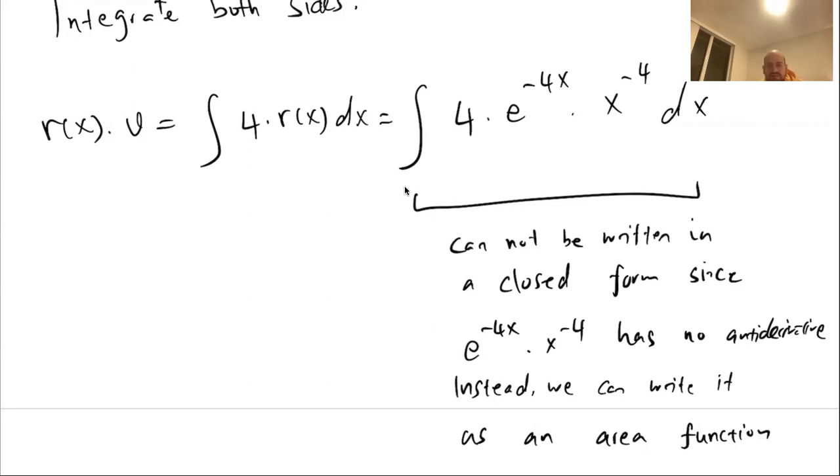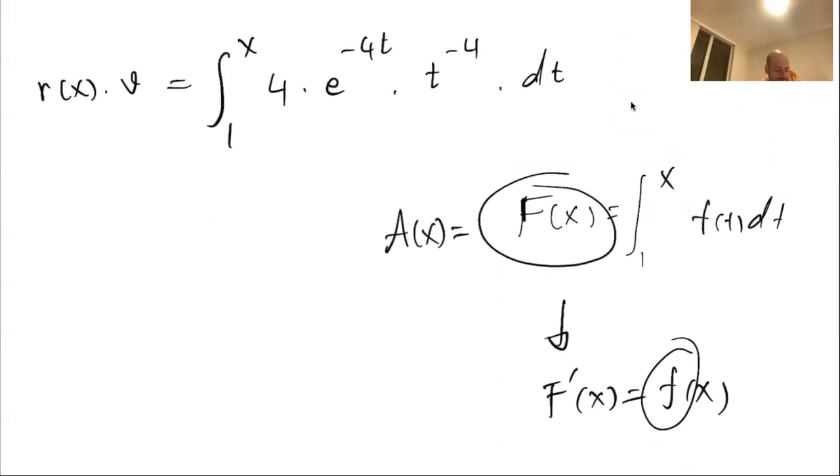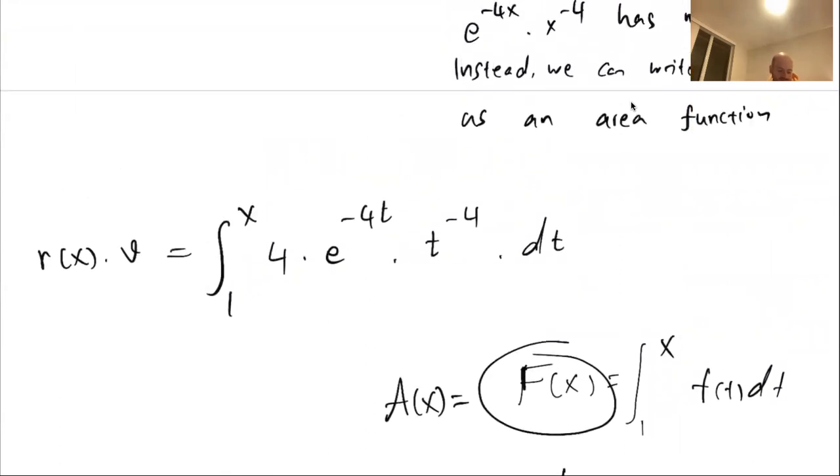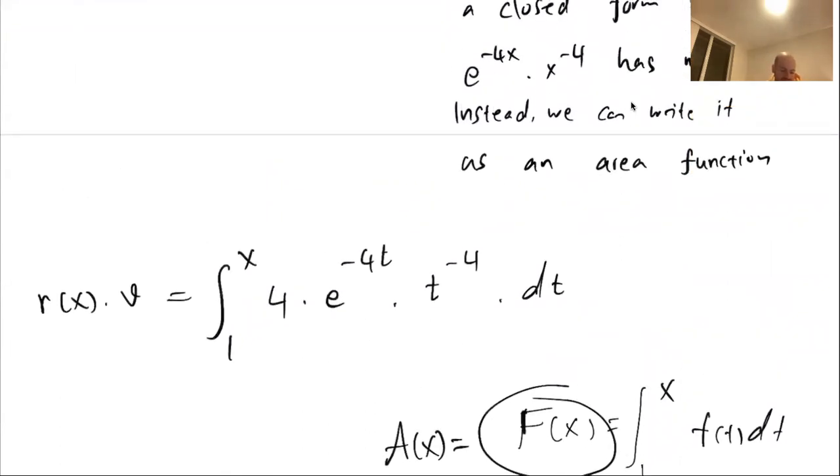Well, small f here is continuous on 0 to infinity, but not on minus infinity to infinity because of this negative power. Basically, this is 1 over x to the power 4, which is discontinuous at 0. But on 0 to infinity this is continuous, and therefore the area function can be used as an antiderivative. So we can write it as an area function.